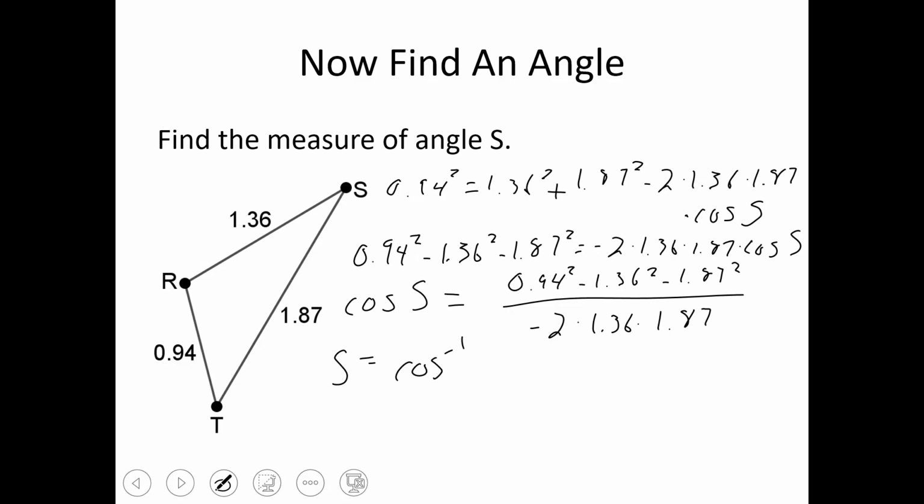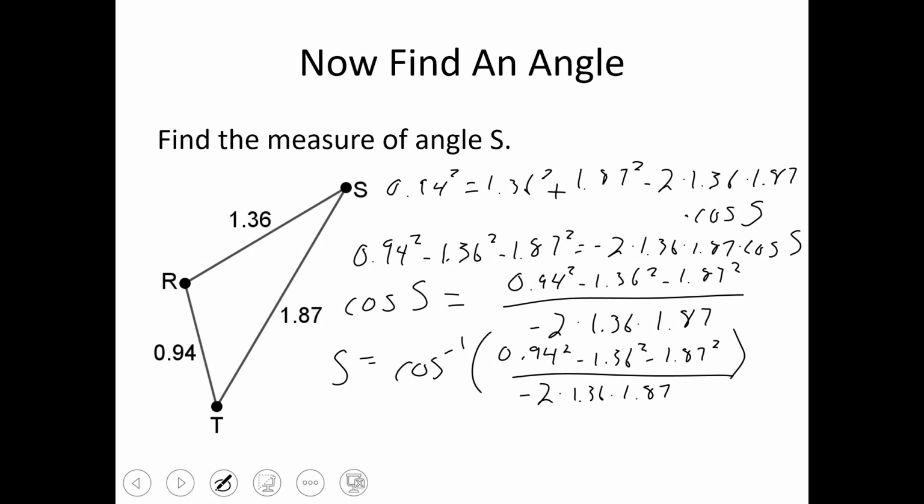As we learned, you could also call this arc cosine, ARCCOS, of that entire quantity: 0.94 squared minus 1.36 squared minus 1.87 squared all over negative 2 times 1.36 times 1.87. So s will be the inverse cosine of that.